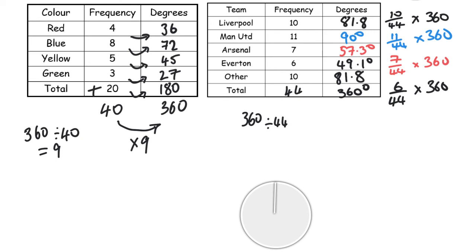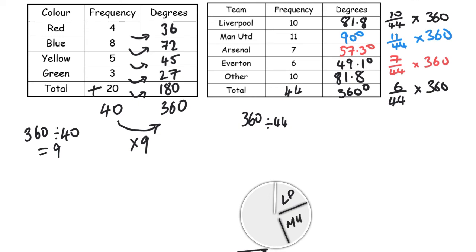And then we'd start measuring our angles from this point. So the first one would be 81.8, and that would go to approximately here. Then we would draw 90 degrees from there, which would be in there. It'd be good as well to label these. The first one would be Liverpool, and the next one would be Man United.